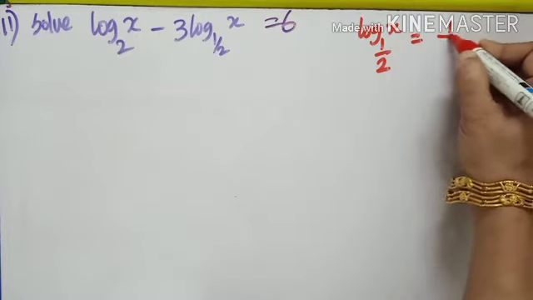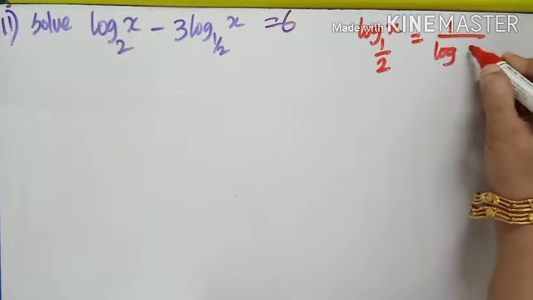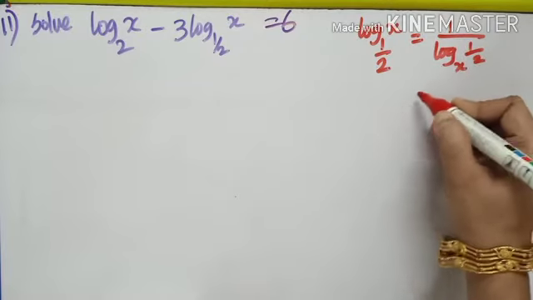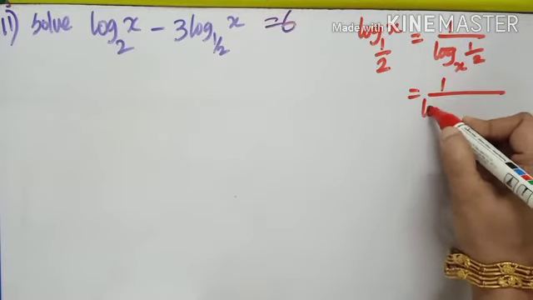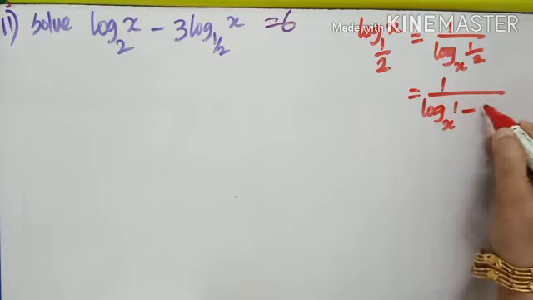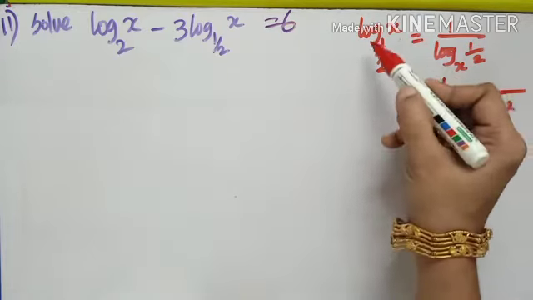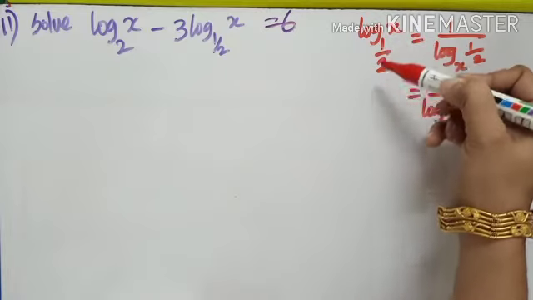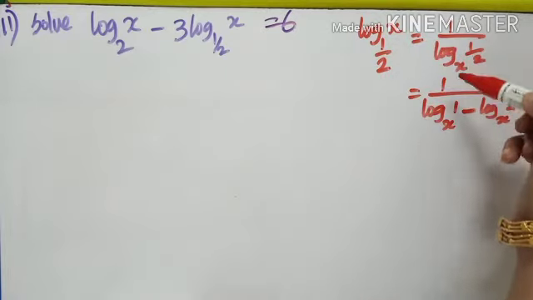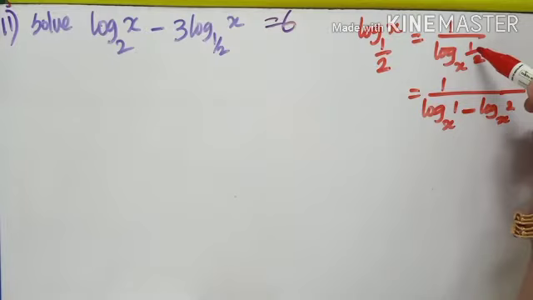Log x base half can be written as 1 by log half base x. That is 1 by (log 1 base x minus log 2 base x). We have interchanged these two, which tells me I am reciprocating.